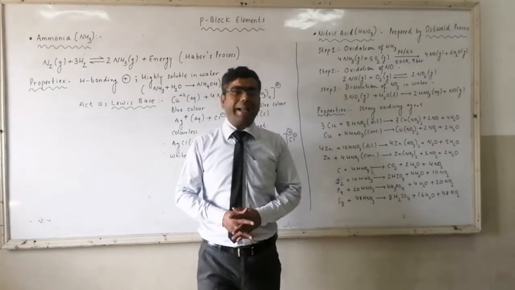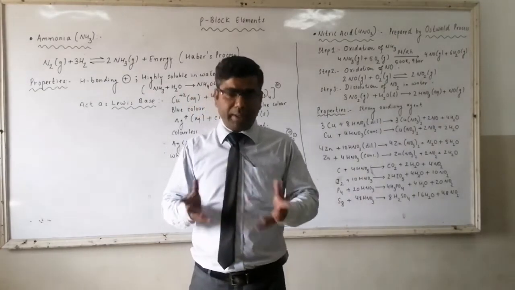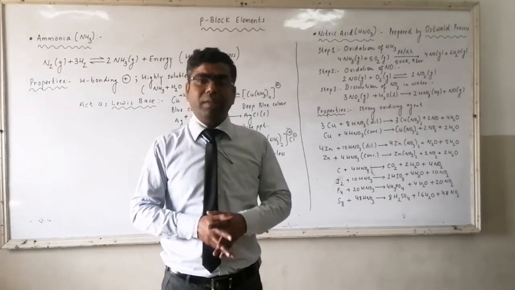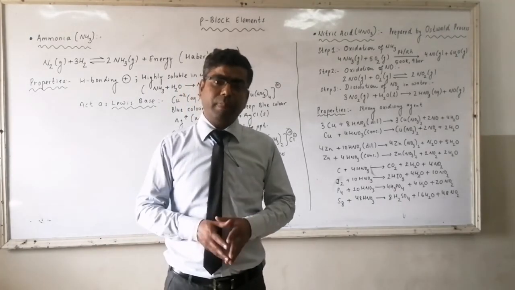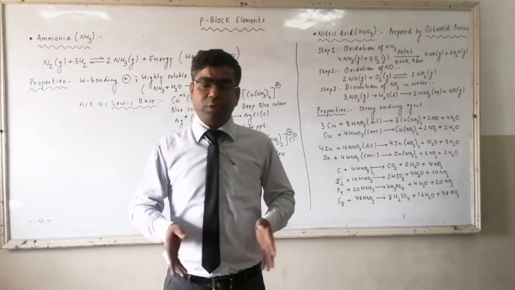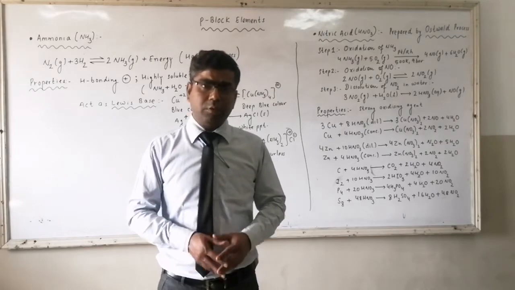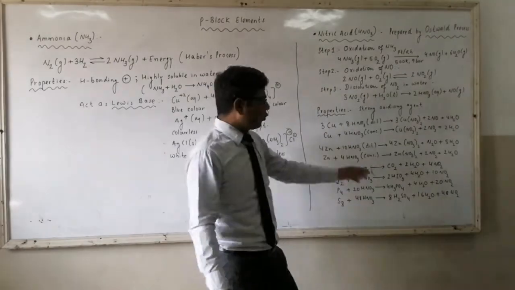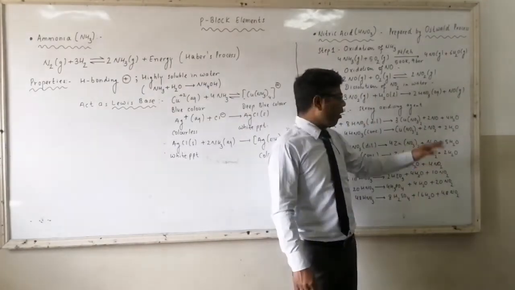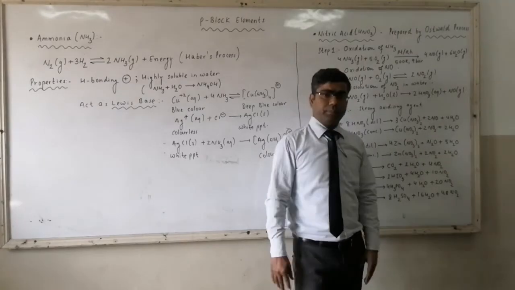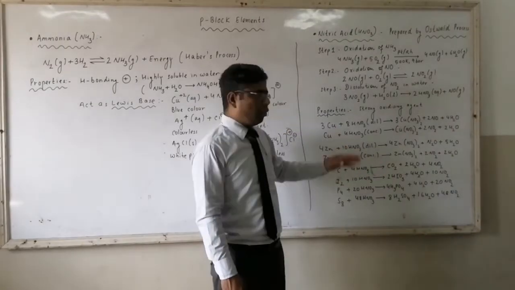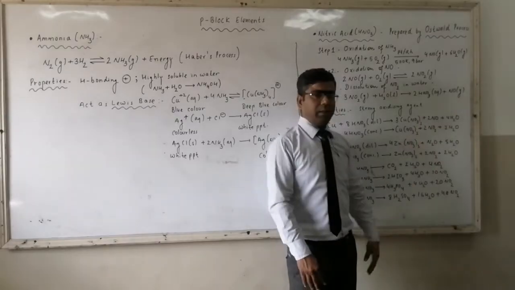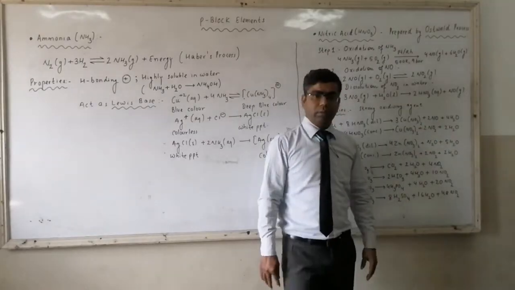It oxidizes metals to nitrate salts with the release of oxides of nitrogen. So what will happen? Copper when made to react with HNO3 will form copper nitrate, oxide of nitrogen and water.